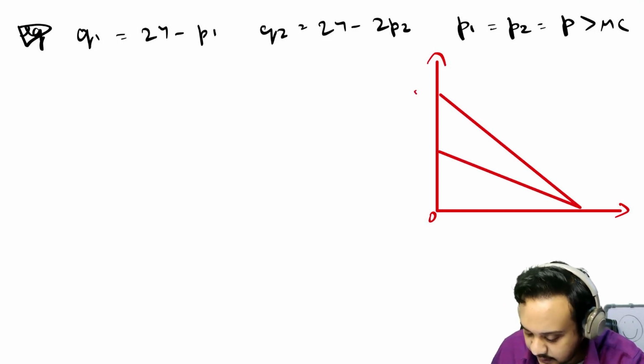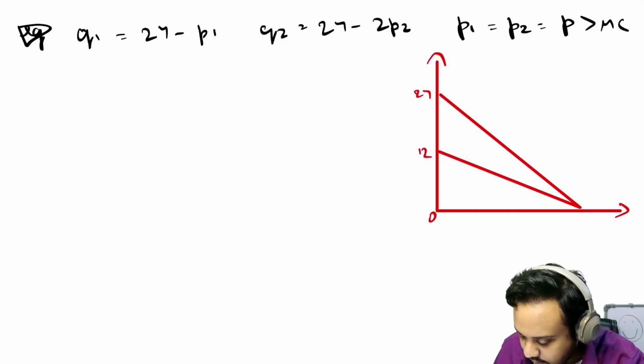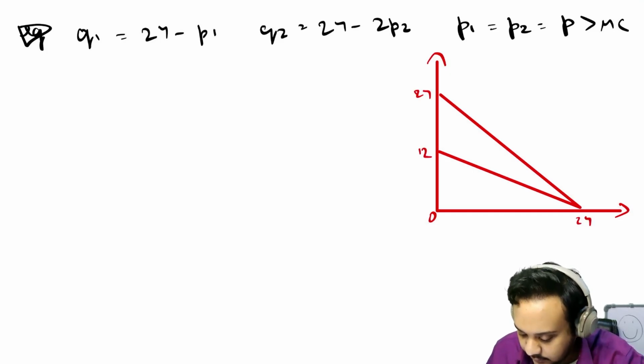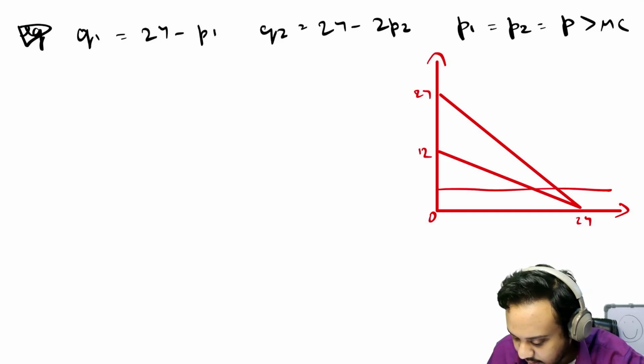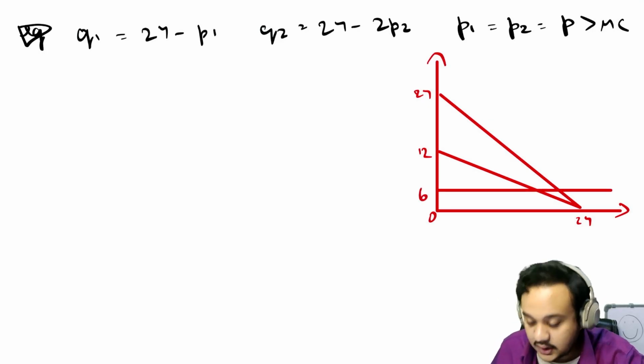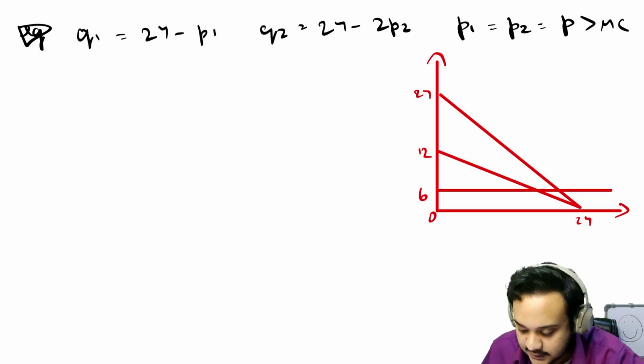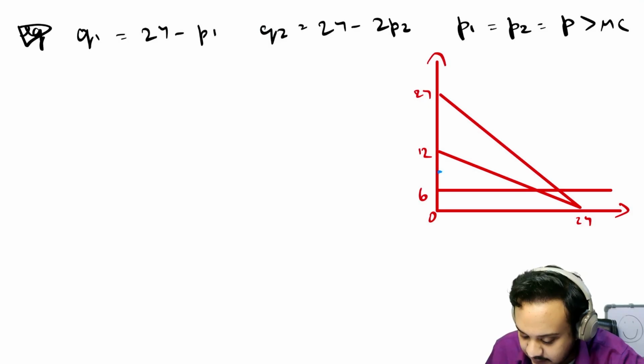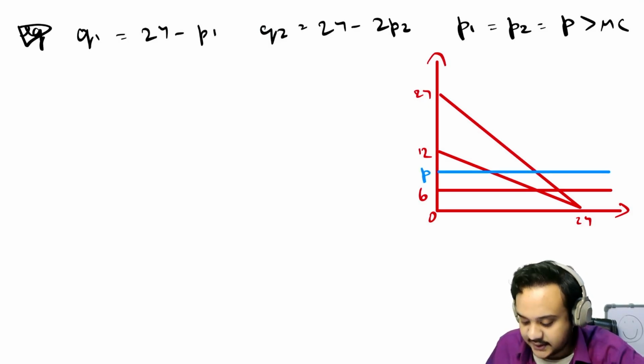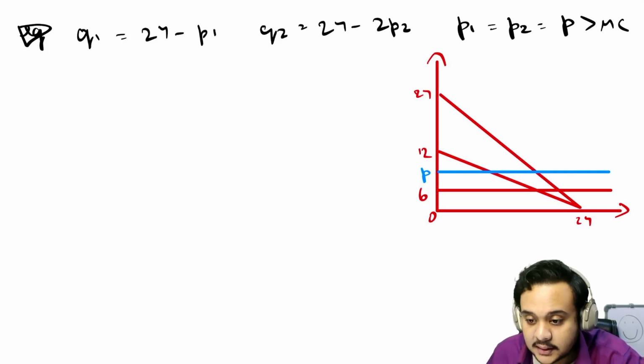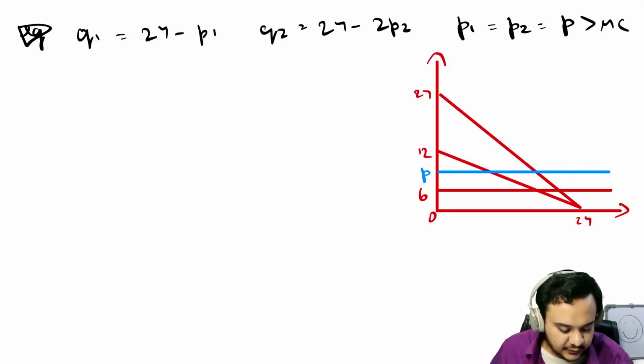This was the graph last time, 12 and 24, and we had marginal cost somewhere right here at the level of 6. What we are saying now is that we set a price somewhere above the marginal cost. We do not know what this price is yet, but this is what we are going to be finding.